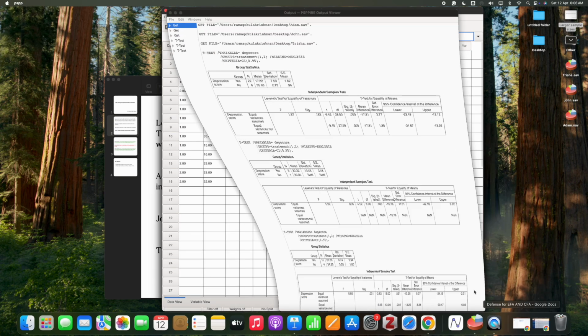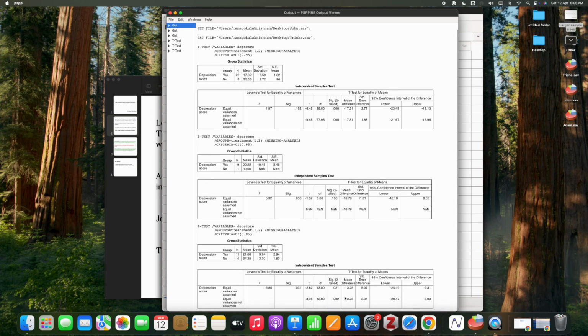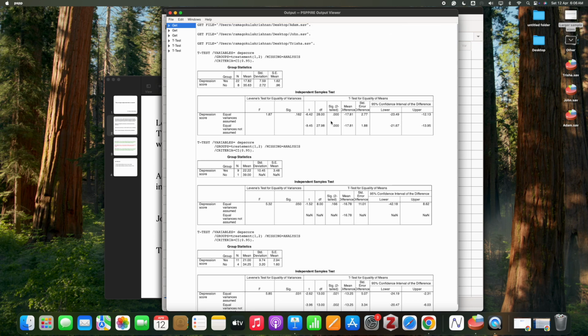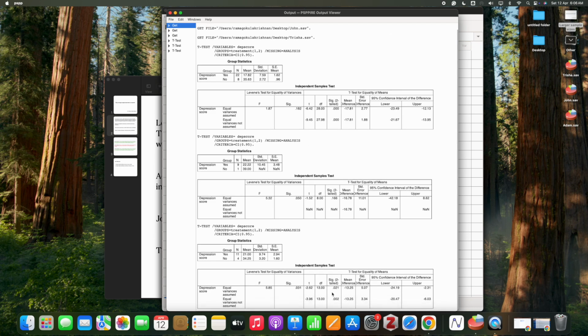So when you go to the output, you see that this is Trisha's, the one at the bottom. You can see that there's a difference between the mean scores, and the results are statistically significant at a 0.05 level, which is a moderate level. Though it's not a very high level as in the case of Adam, it's still significant, and this does help Trisha get to a conclusion that is more accurate than, let's say, John.